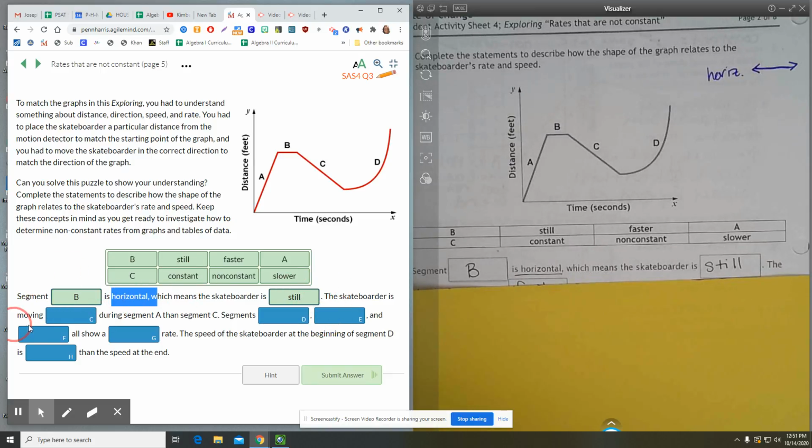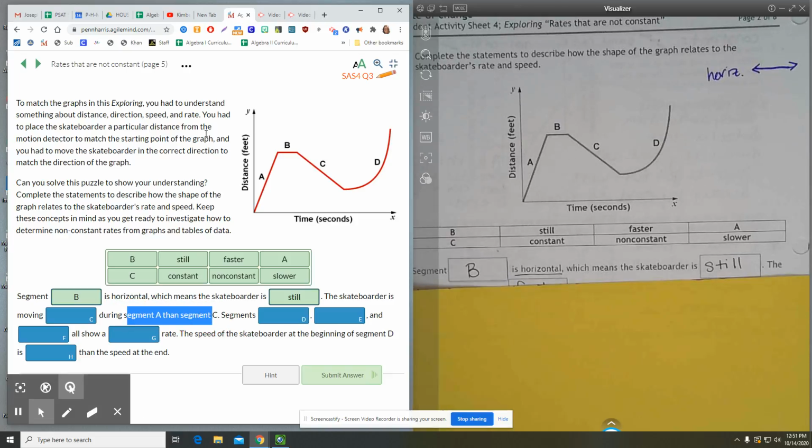it says the skateboarder is moving blank during segment A, then segment C. So let's compare segment A right here to segment C. Well, here, when I look at the change, I see one is going away, one is coming to. That's not really an option. Okay, I have faster and slower though. So when I look at A, it's going, we'll call it like 1 second.